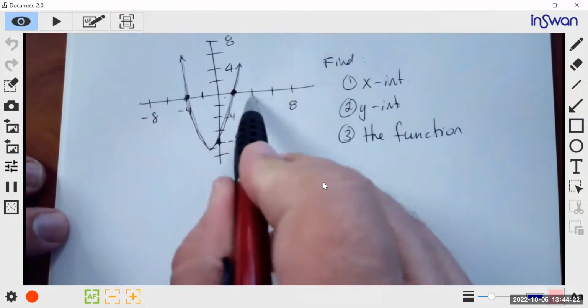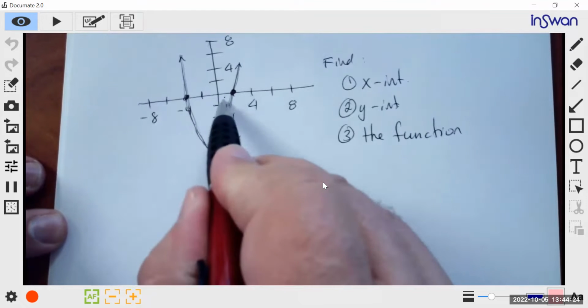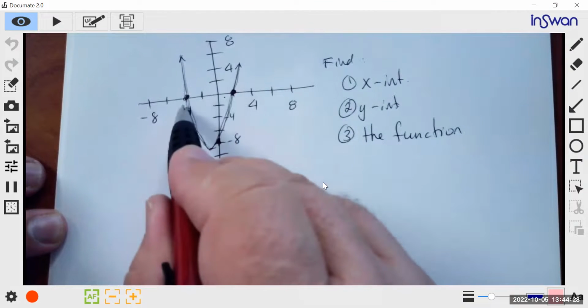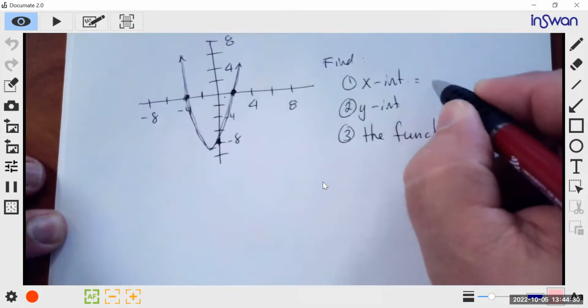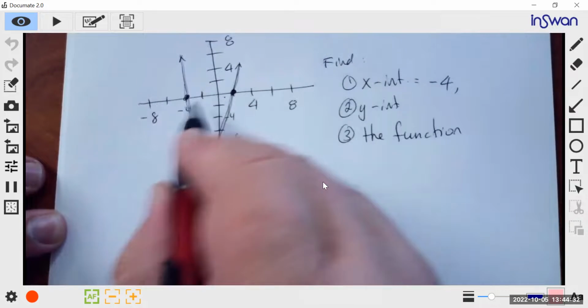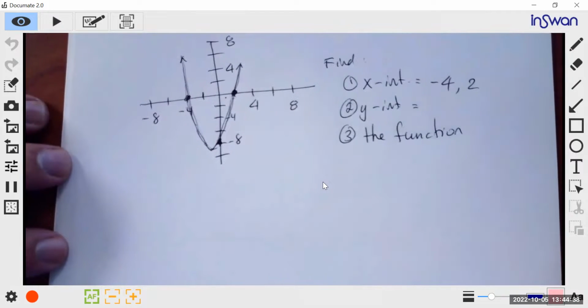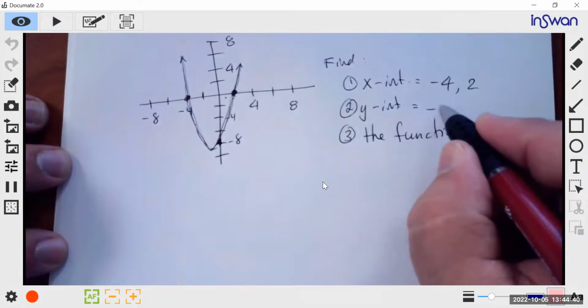Well, these are each step by 2. So this is 2, 4, 6, 8. So this one is negative 4, and this one is 2. Those are the x-intercepts. What's the y-intercept? Negative 8.